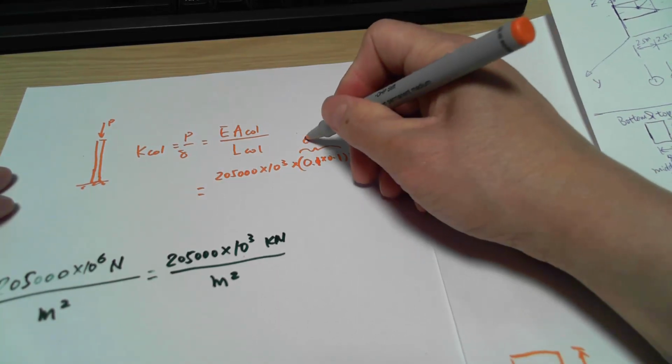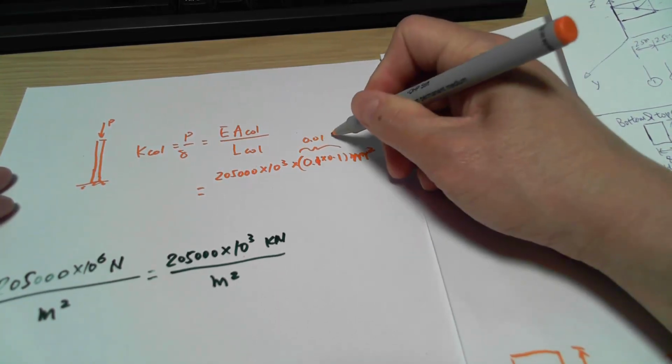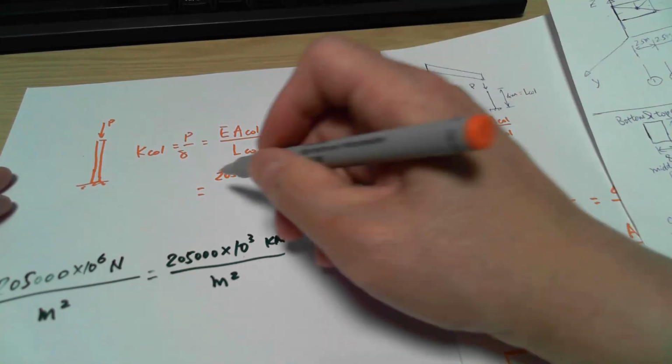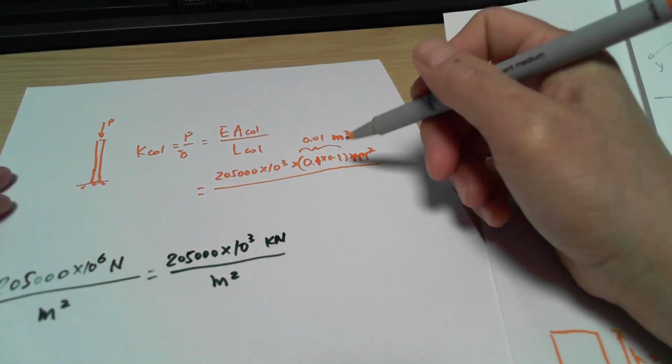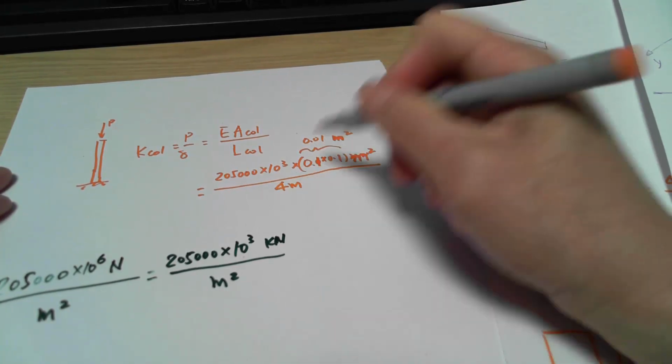If you convert directly, it is 0.01 meter square, and divide by the length of the bin, which is 4 meters.